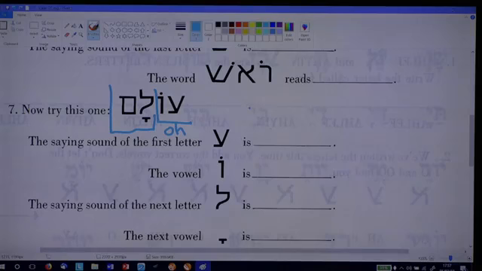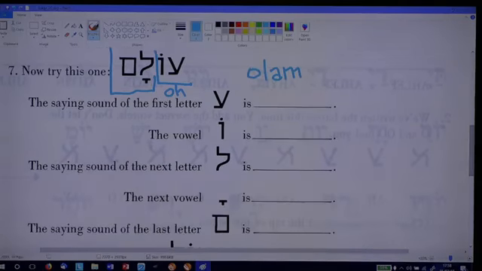So it's pronounced Olam. Universe. We always say in our blessing, Melech ha-Olam. The king of the Olam. Okay.